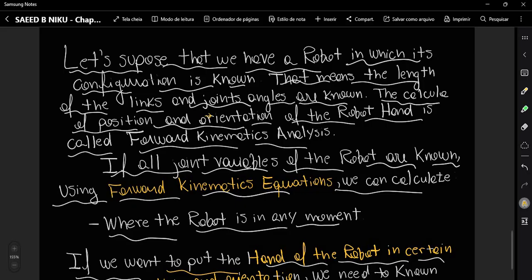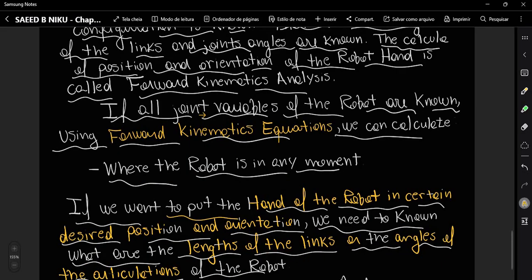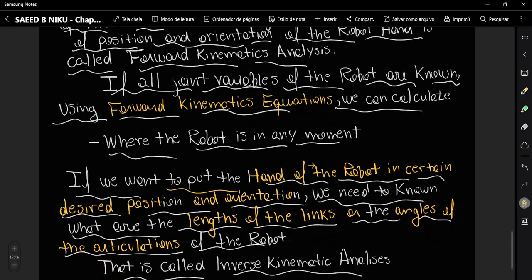But if you wanted to reposition the hand, which is where this hand is going to be in terms of position and rotation, so we use inverse kinematics. So again, forward is to calculate where is it, and inverse is to change the desired position and orientation.